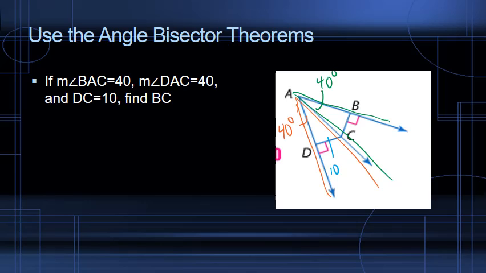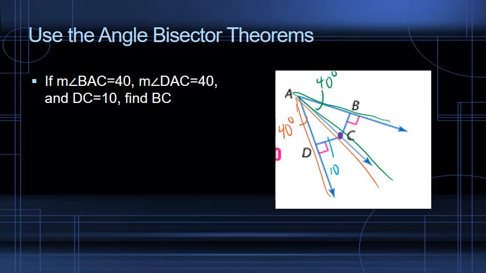So the angle bisector theorem states that if a point is on the bisector of an angle, so again, we're looking at point C, it's on the bisector of the angle. We know this because BAC is 40 and DAC is also 40. Tells us by definition that the line passing through points A and C is on the interior, and it is bisecting that angle.